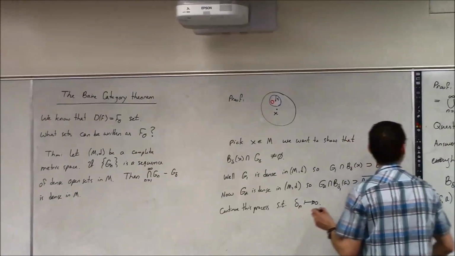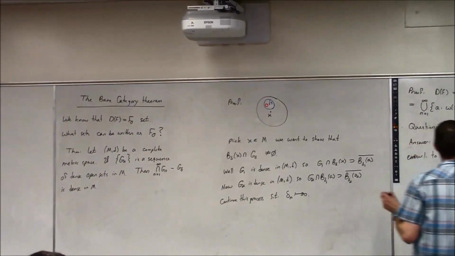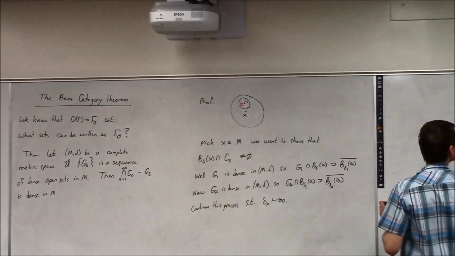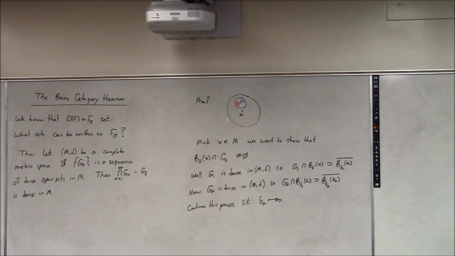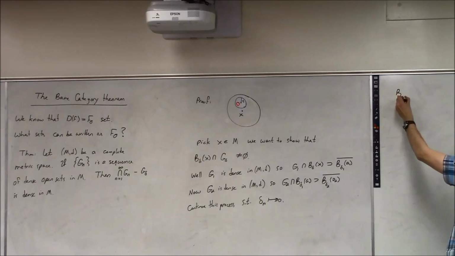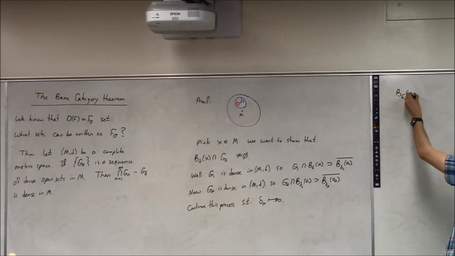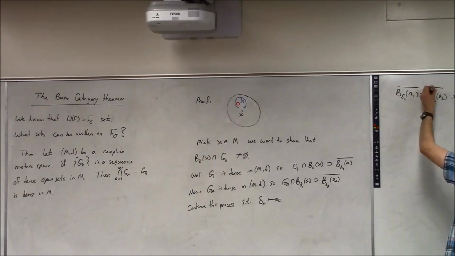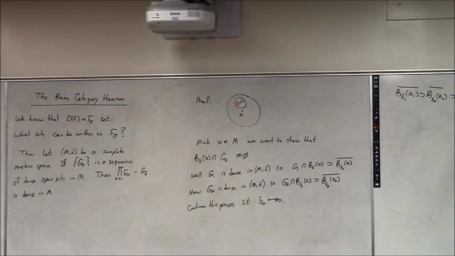And what we have then is a sequence of sets like this. Ball of delta 1, A1, contains ball of delta 2, A2, and so on and so forth. And not only that, the closures behave this way.